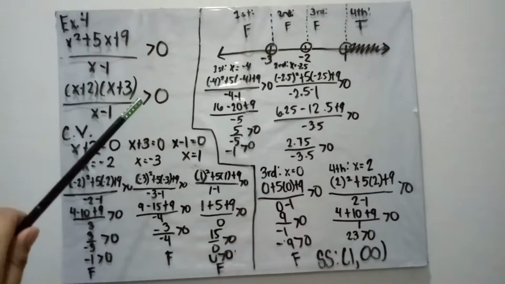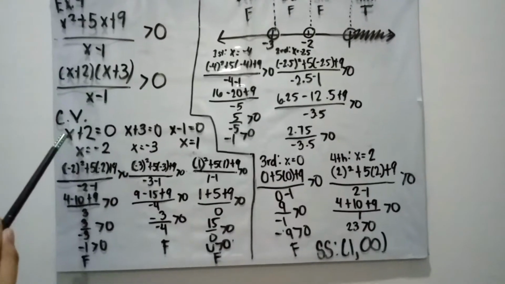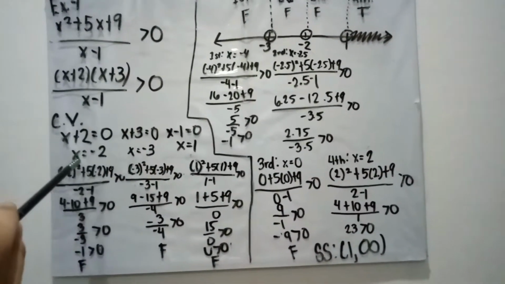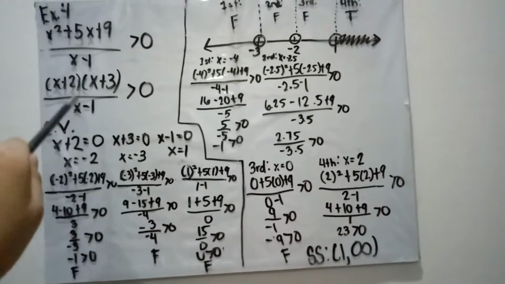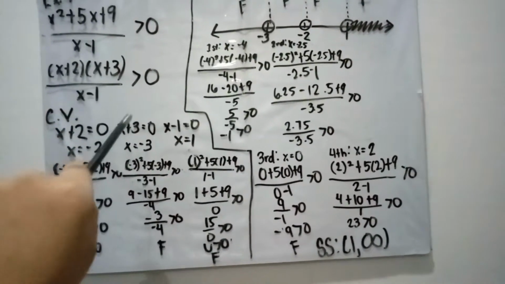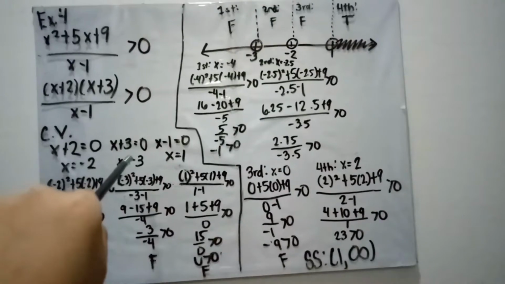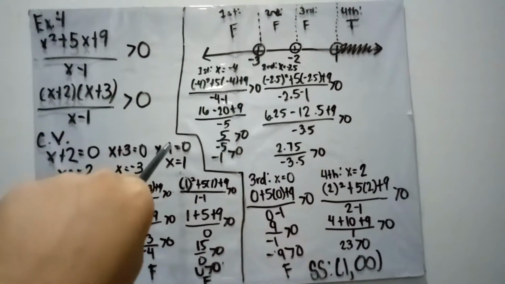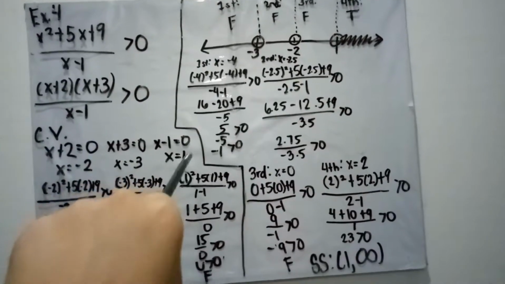So, ang critical values ng numerator is x plus 2 is equals to 0, x is equals to -2. Tapos, yung isa pang numerator is x plus 3 is equals to 0, x equals to -3. Then, doon naman sa denominator, x minus 1 equals 0, x equals to 1.